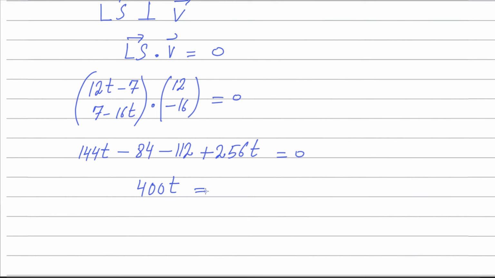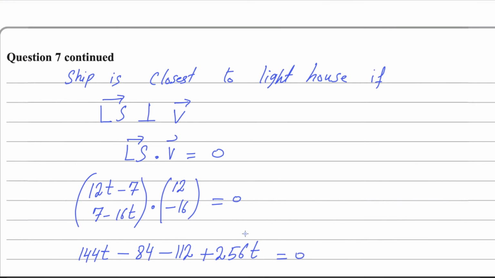We take it to the right side and it becomes positive 196. t will be equal to, you divide by 400, and we get the answer as 0.49 seconds. So it will take 0.49 seconds when it is closest to the lighthouse.